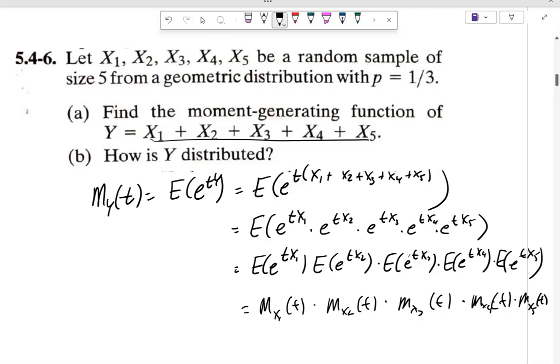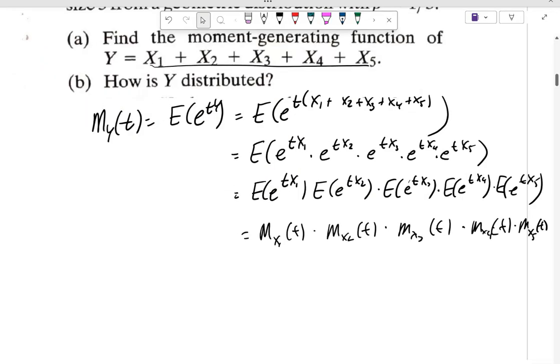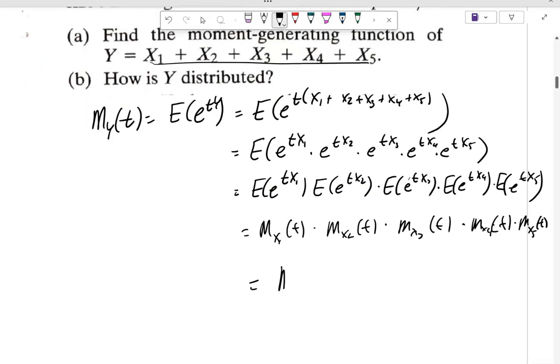So this is just going to be the moment generating function raised to the fifth power, isn't it? So again, when we do the sum of independent random variables, the moment generating function will be the product of the moment generating functions.